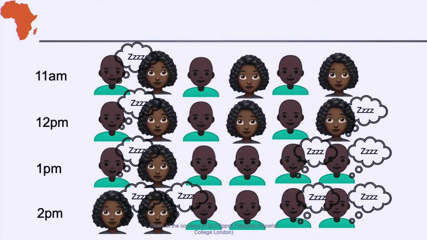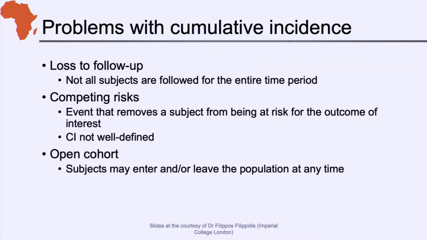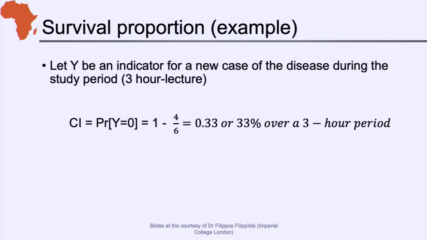These two guys didn't fall asleep. Yeah, so it is 2/5. Okay? So which is the same as 1 minus 3/5. You got it? Cool. So I did it wrong. I counted 6, and that was wrong.